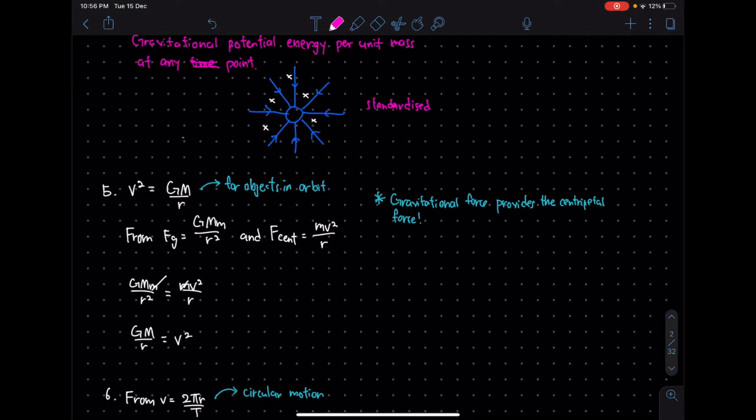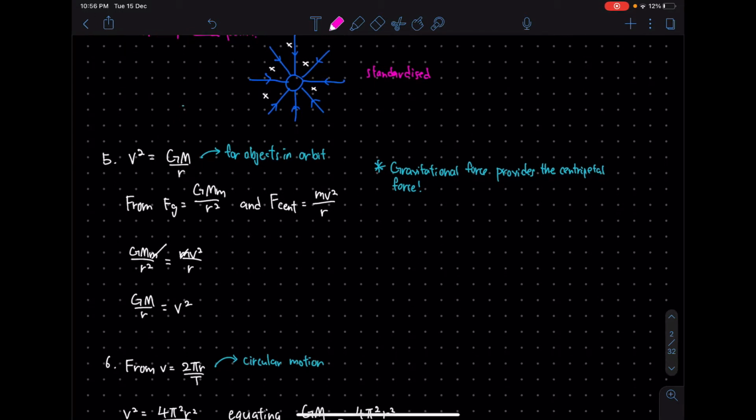Alright, the next one is this particular equation. For this equation, you'll find it in the course book. It might seem strange and it might be hard to even understand why this equation is here, but basically this equation is used to determine the velocity of the object, especially for objects in orbit.